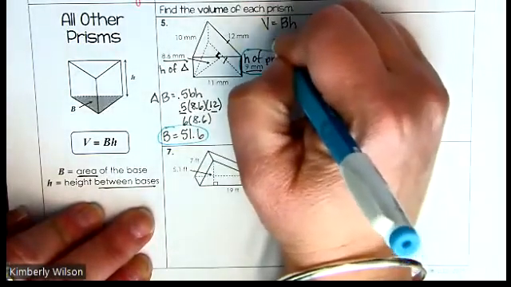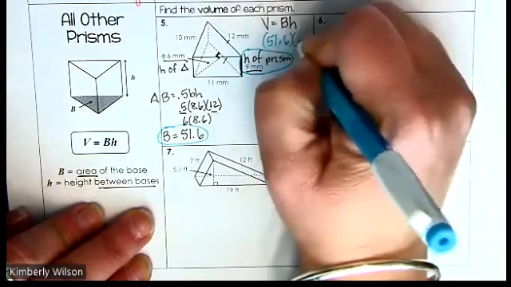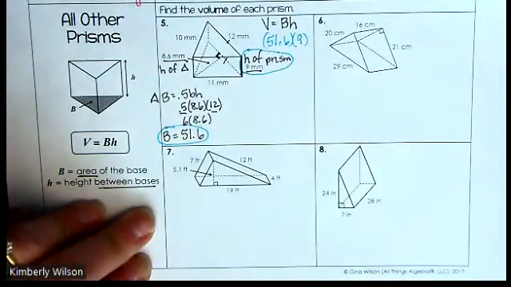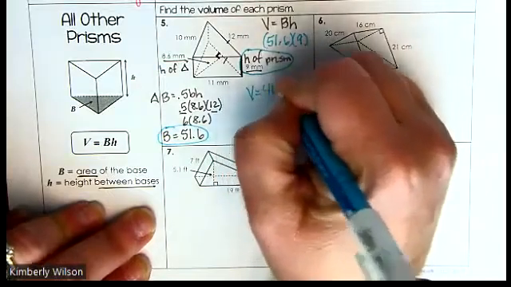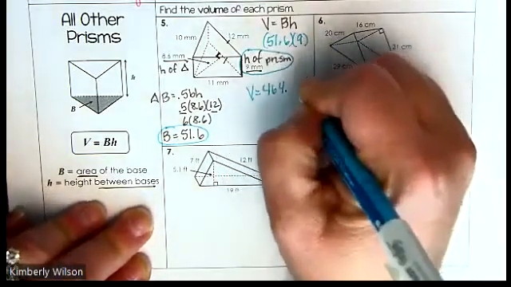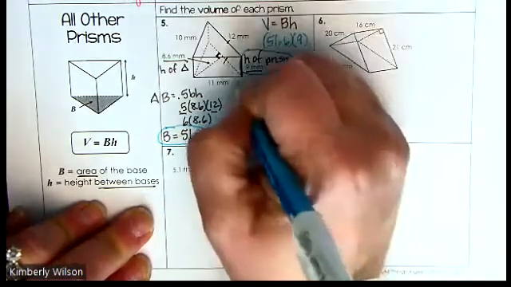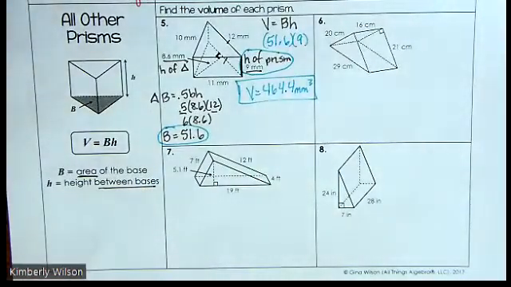So I'm going to have 51.6 times 9, which tells me that my volume is 464.4 millimeters cubed. There's my final answer.